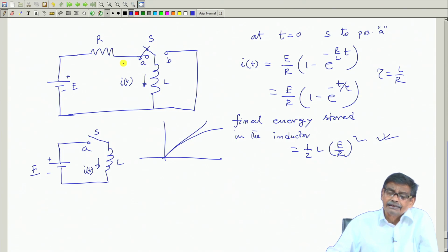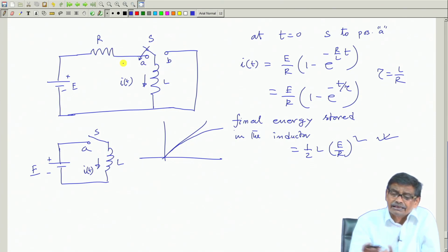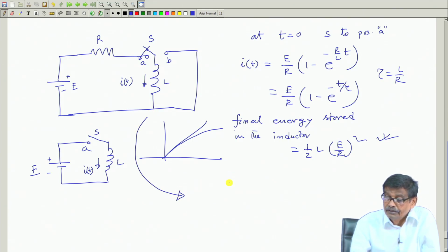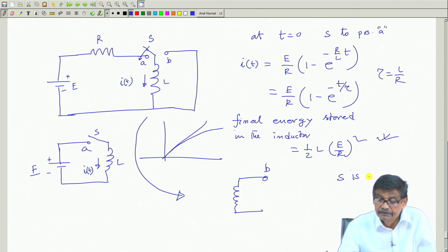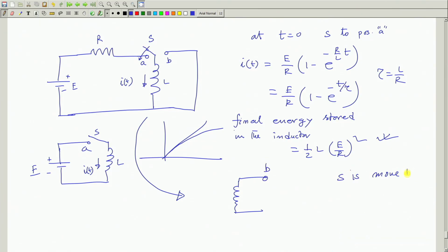Wait for a few milliseconds, then you can say okay, current in the inductor is E by R. Then what you do here for this circuit I am telling, at t equal to some time you move the switch to position B, S is moved to position B of this circuit.